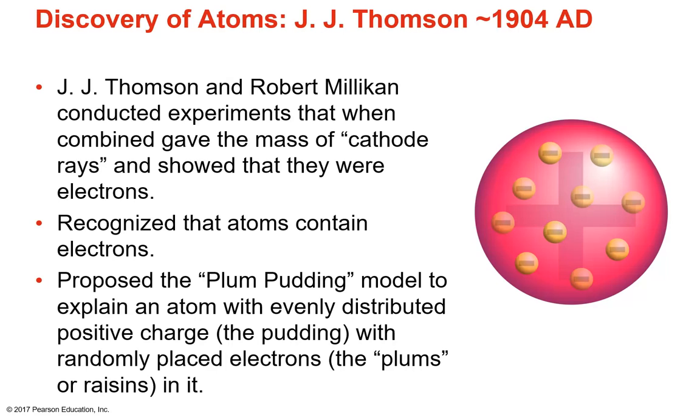And then Robert Millikan, a year or 2 later, did an experiment, actually it was him with somebody else, where he measured the charge to mass ratio. And combining the information from those 2 researchers, we know the charge of an electron, which we already studied in our physics section, 1.602 times 10 to the minus 19 coulombs.